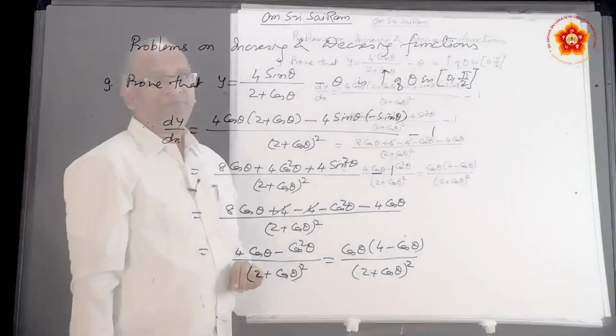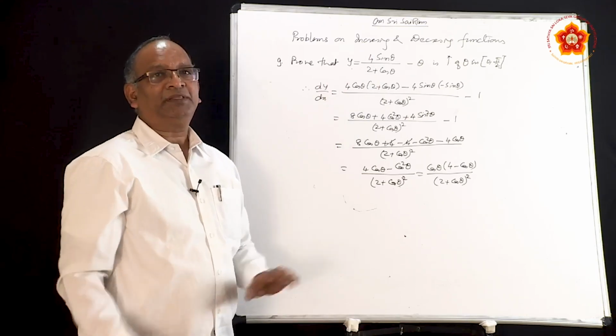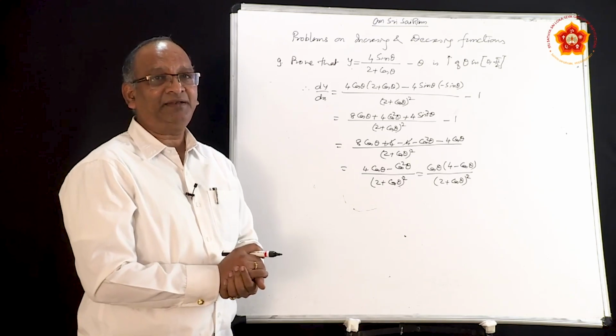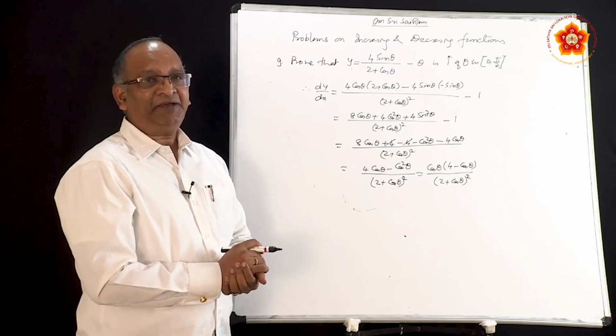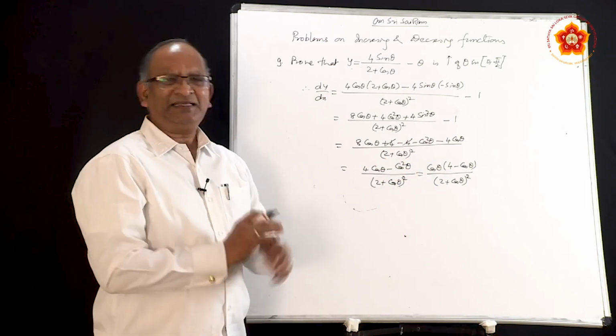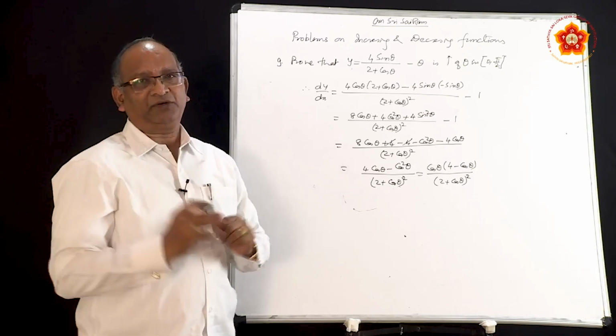What is our problem? He says in the given interval 0 to pi by 2, the function is always increasing. What does it mean? That can happen if the derivative which we have found is positive. Just like the previous problem discussed, between 0 to pi by 2 means what?